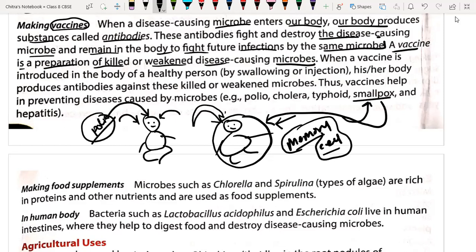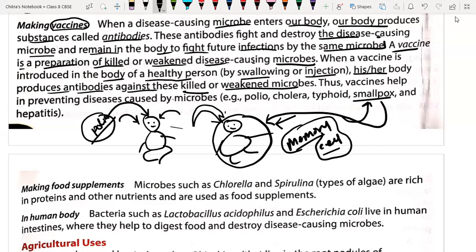When a vaccine is introduced into the body of a healthy person by swallowing or injection, maybe they eat it through the oral cavity or maybe it gets injected, his or her body produces antibodies against a specific kind of microorganism to weaken or kill them. Such drugs are called vaccines.